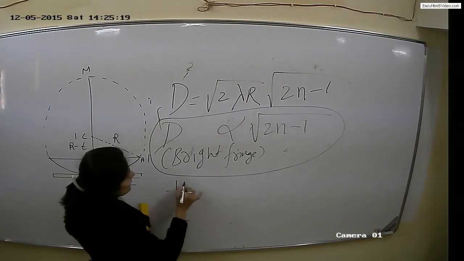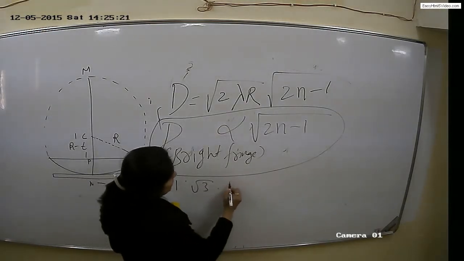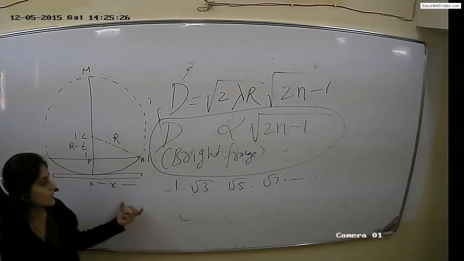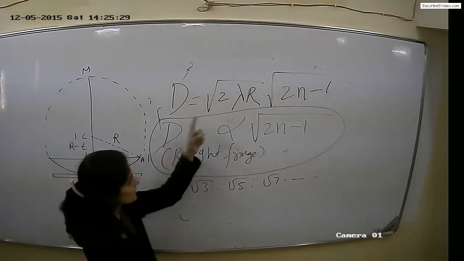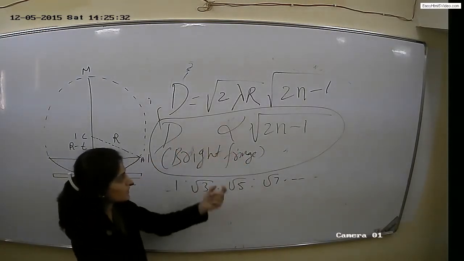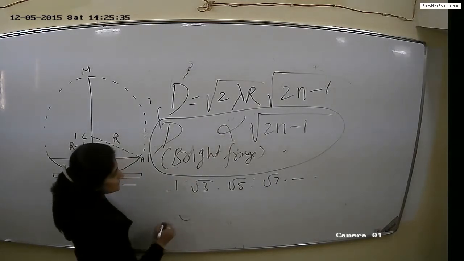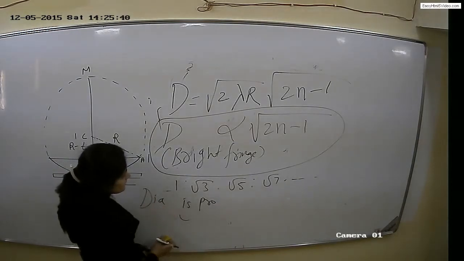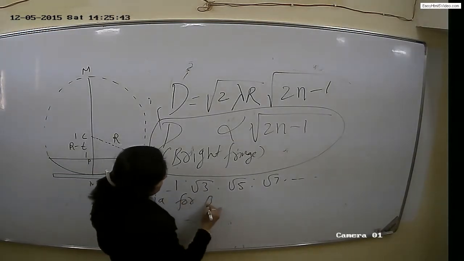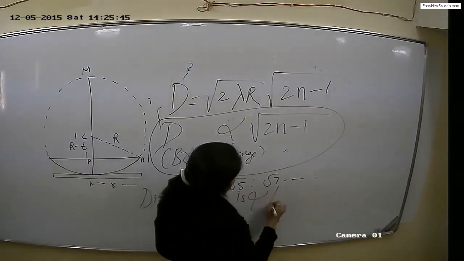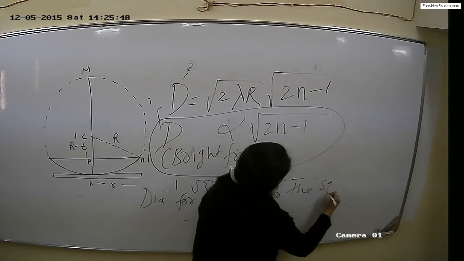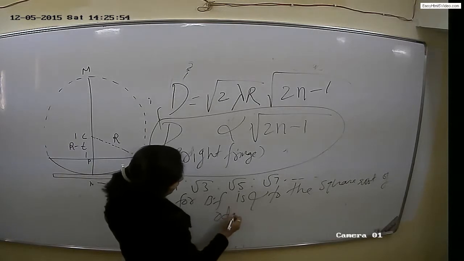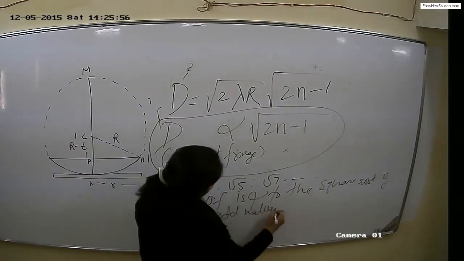So we get the diameter of the rings in the ratio 1:3:5:7, it means 9, 11, 13. So this is the condition for the diameter of the bright fringe. That is, the diameter for the bright fringe is proportional to the square root of odd natural numbers.